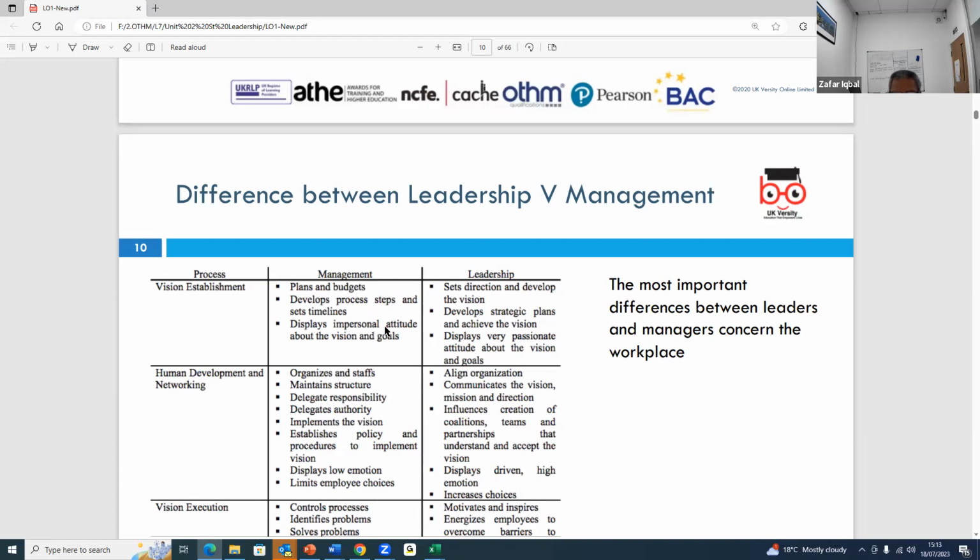He displays a kind of vision and tries to display some kind of goals, whereas the leader sets the vision, sets the direction, develops the plans, achieves the vision, and displays his attitude about the vision. So that's one or a couple of distinctions there.